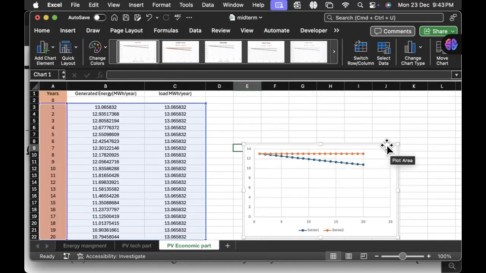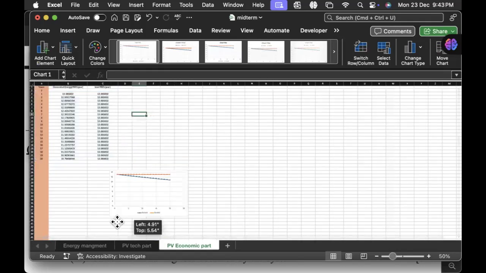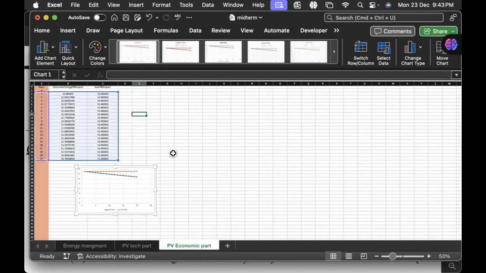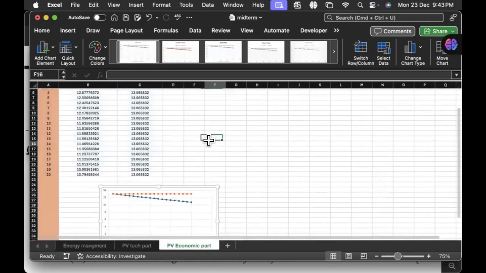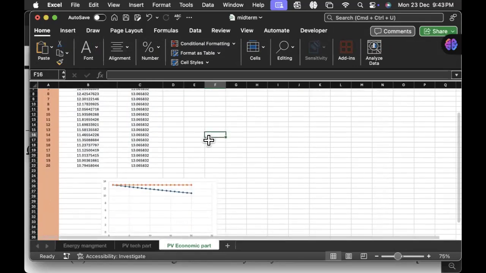Okay, what should be your decision? Simply, you have two options, one of which is to be taken. Either oversize the system. So you can say, okay, I need to go to a condition where the minimum energy to be generated is equal to the load.